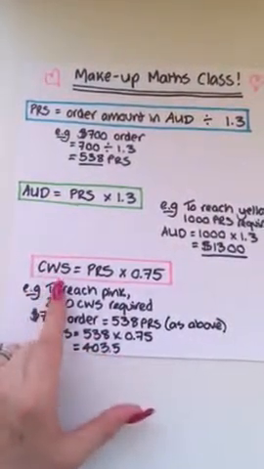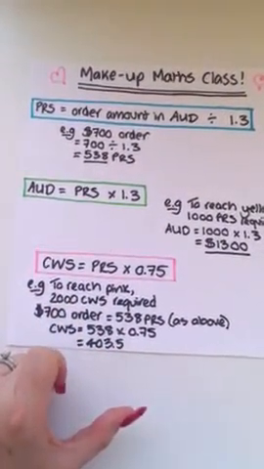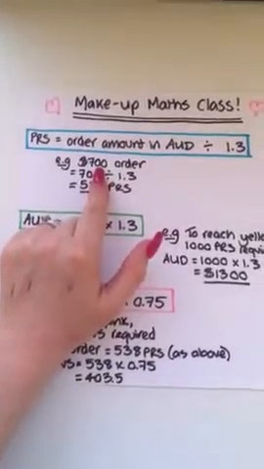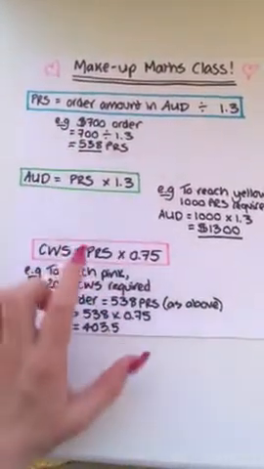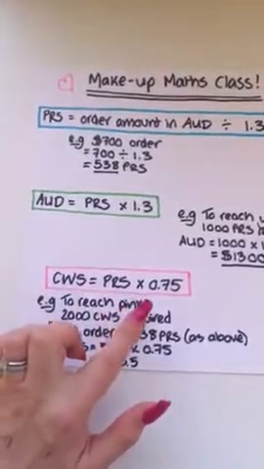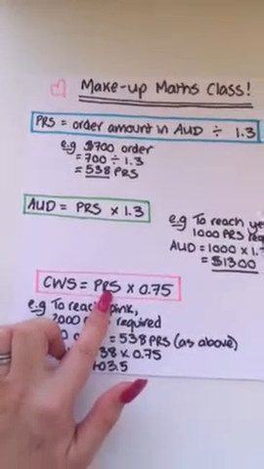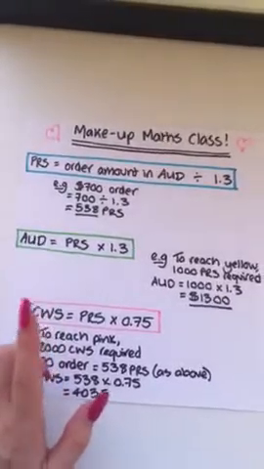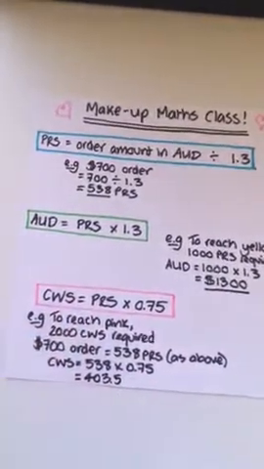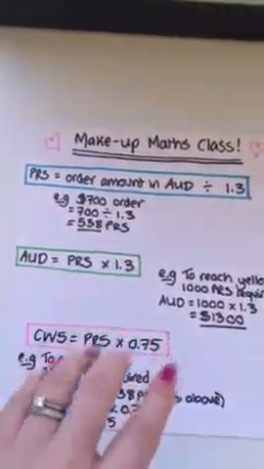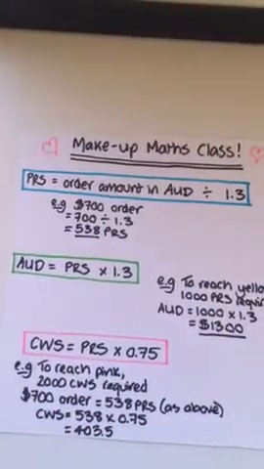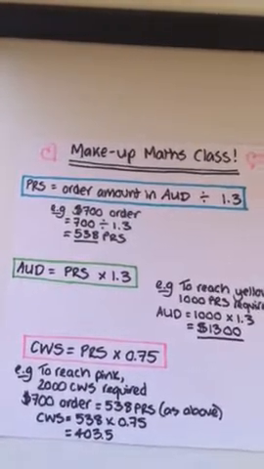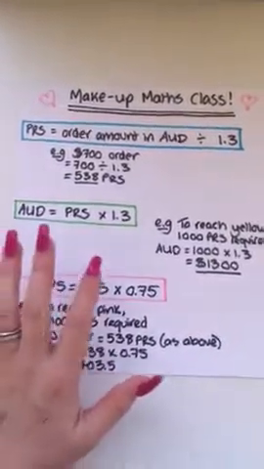If you've got your $700 order and you want to know what that will be in company sales, it is 75% of your personal retail sales. When you look at your royalties table in your back office, the company retail sales can be you and your entire downline that contribute towards that, so this is not just you on your own.